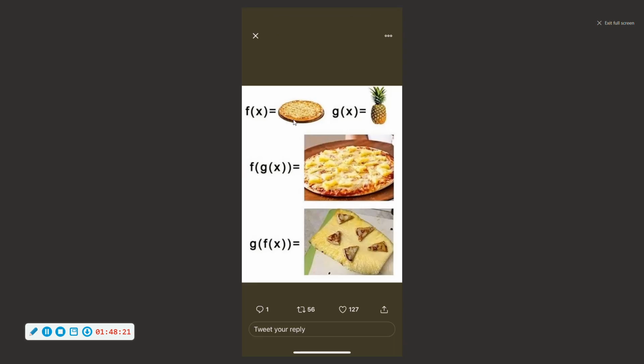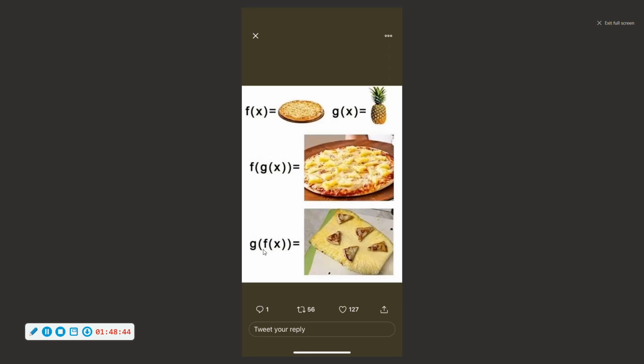Okay, f of x is the pizza, g of x is the pineapple. They didn't write f composed with g, they just wrote f of g of x. That means plug g into f. So you plug the pineapple into the pizza. So the pineapple is on the pizza.